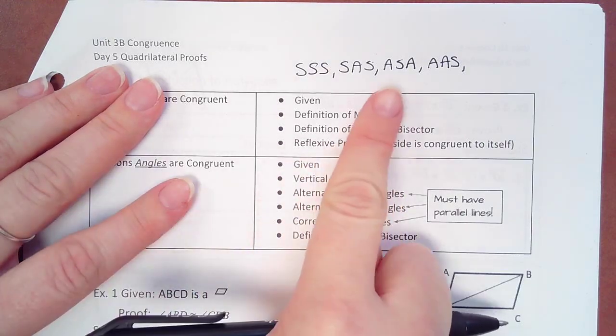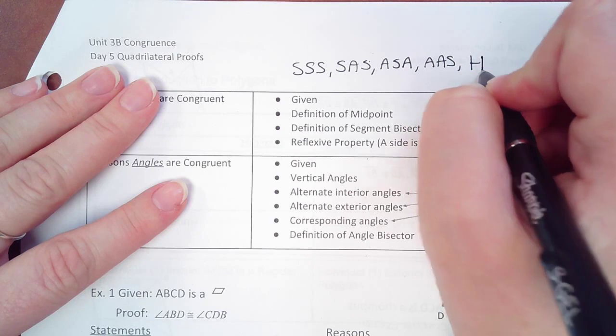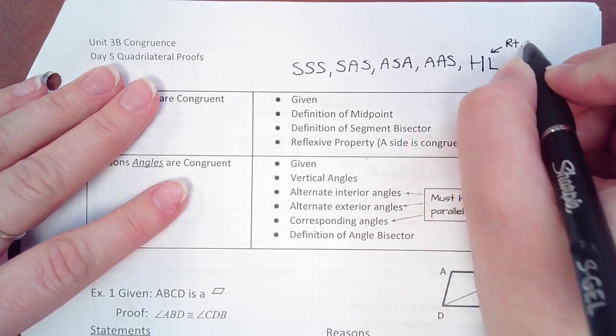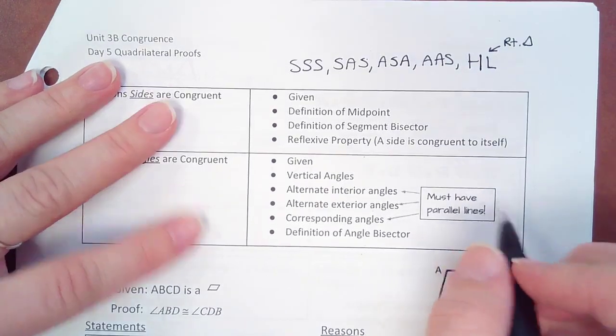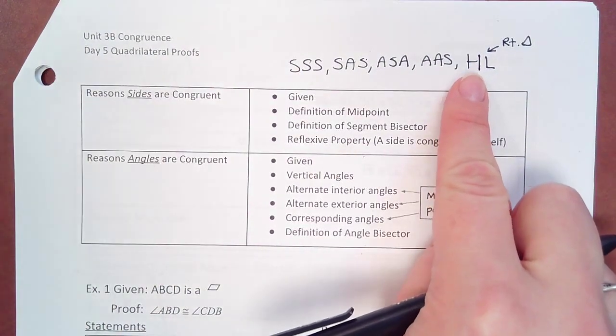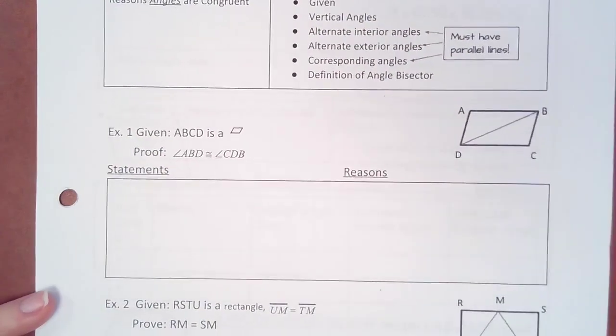Or if we have 2 sides, we could do hypotenuse leg if we have a right triangle. That's one leg, the hypotenuse, and a right angle. Okay, so let's start here.